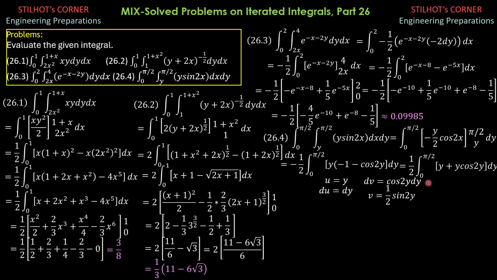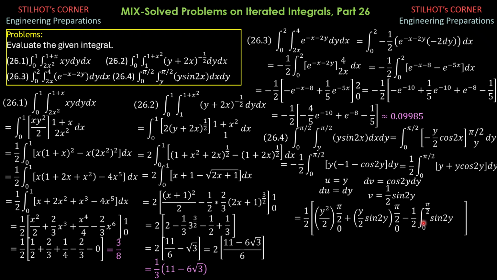So that would now be 1/2 quantity y squared over 2, then uv, plus y over 2 sine of 2y from 0 to pi over 2, minus the integral of v du, so minus 1/2 integral of sine 2y dy.